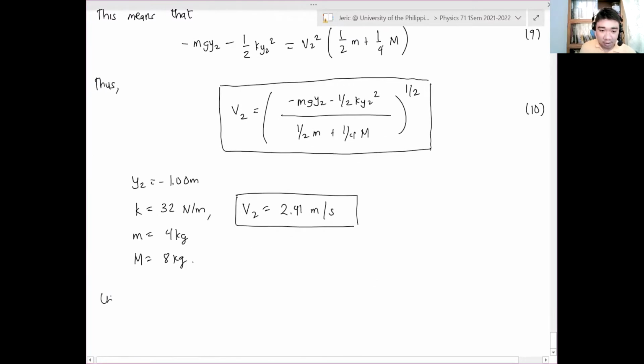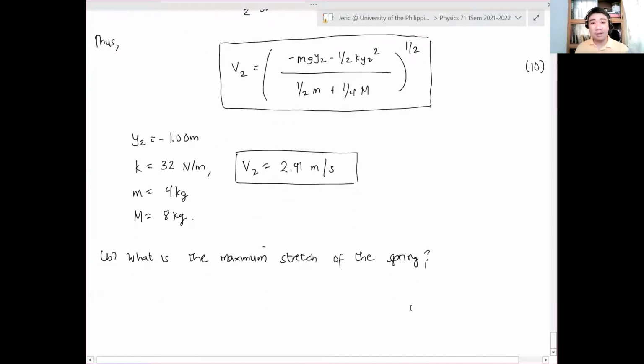For letter B, what is the maximum stretch of the spring? So the maximum stretch of the spring just means that the box has already stopped moving until it rebounds. So magre-rebound yan, maaatras yan.